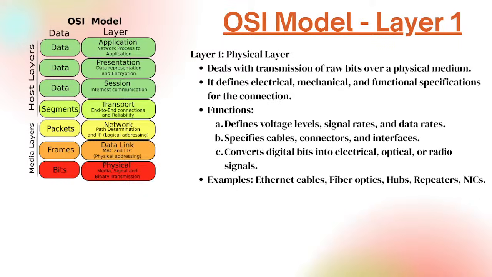And finally the physical layer, which is very important when it comes to the OSI model. The physical layer is the first, or the lowest, layer of the OSI model. It deals with the actual physical connection between devices and transmission of raw data in the form of bits, that is zeros and ones.